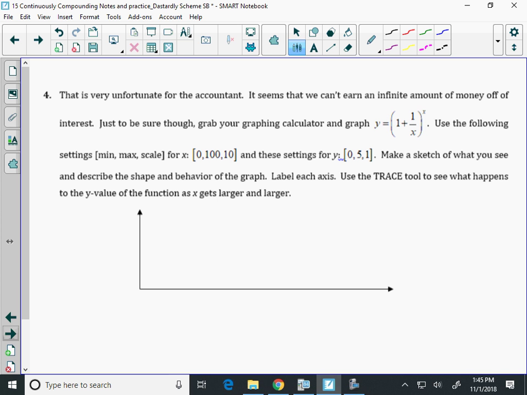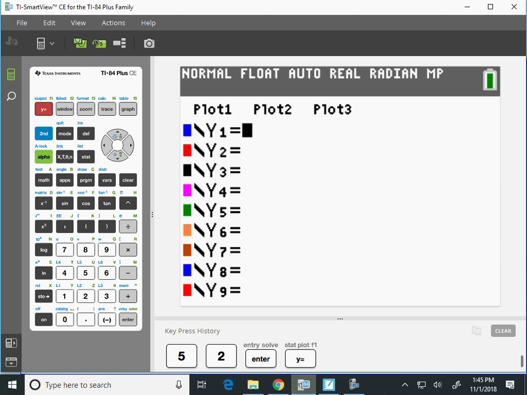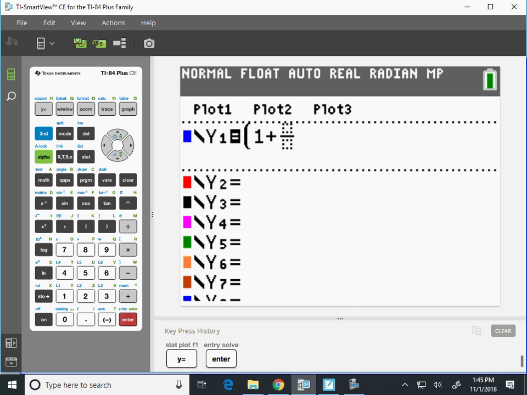So let's visualize what's happening with this graph here. I want you to graph in your calculators y equals (1 plus 1 over x) to the x. That was the basic formula that we just did. And then it gives you some window settings that we will set up here. So we'll put our parentheses, we'll make our fraction.